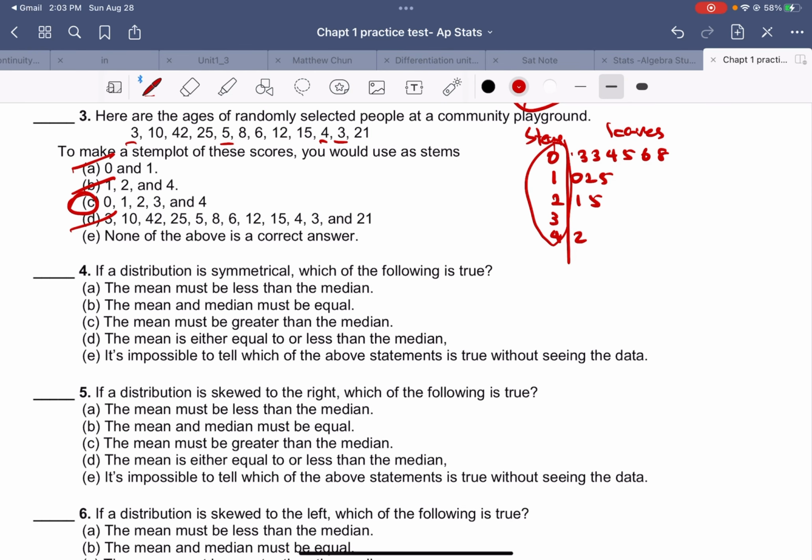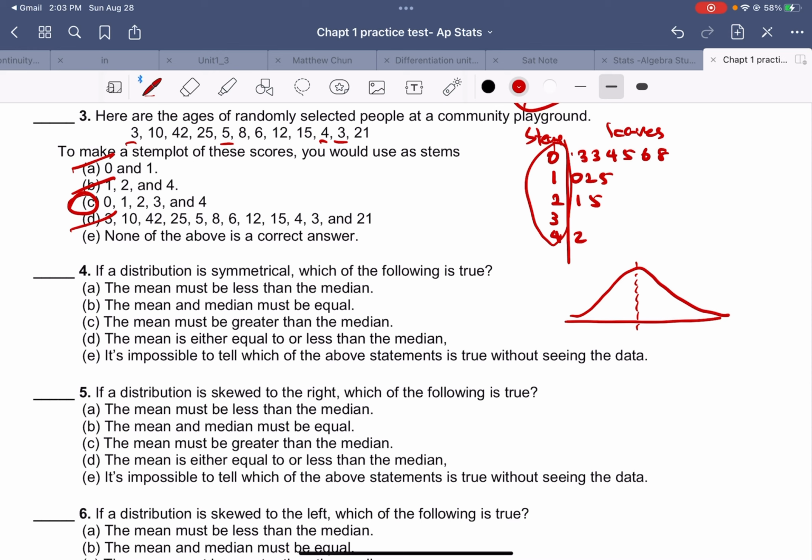Number 4. Now, if a distribution is symmetrical, which of the following is true? Okay. So if you draw the bell curve, and it's symmetrical, it means it's right in the middle. So this is a perfectly normal bell curve.